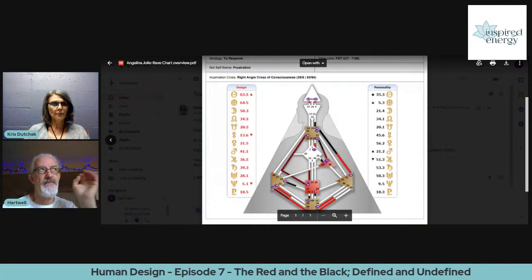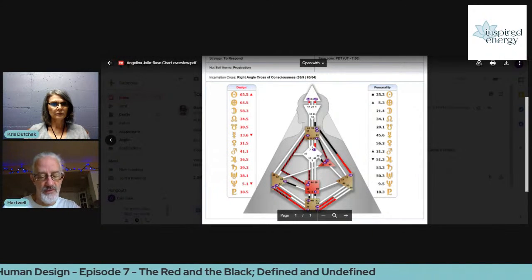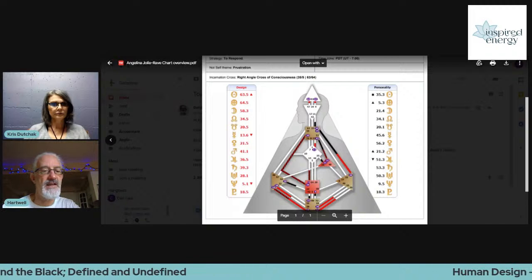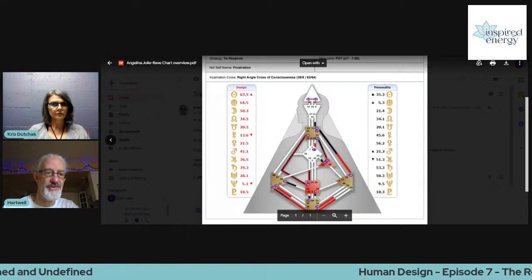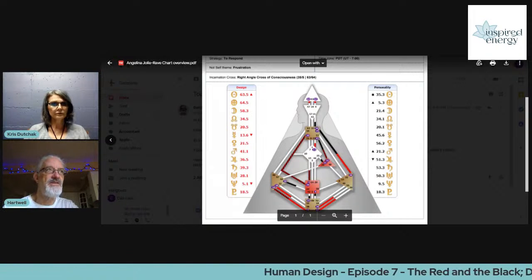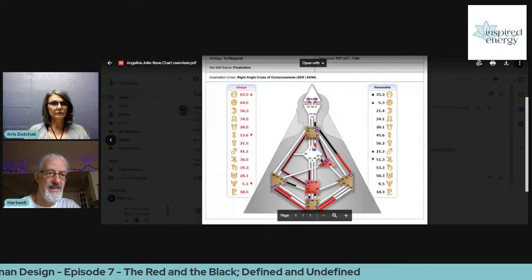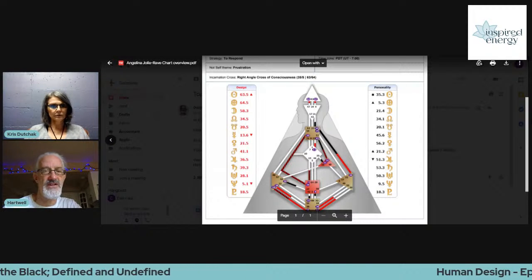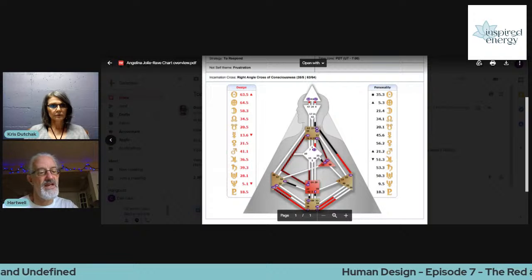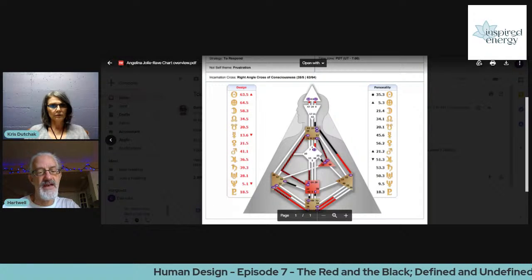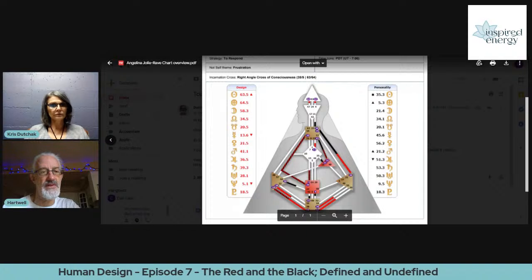If we think of the red as a vehicle, the black, who we think we are, is the passenger. And there's something called the magnetic monopole, which holds those two things together. Discussing that is outside of the context of today's conversation, but usually we think of a magnet as having two poles, a north and a south.